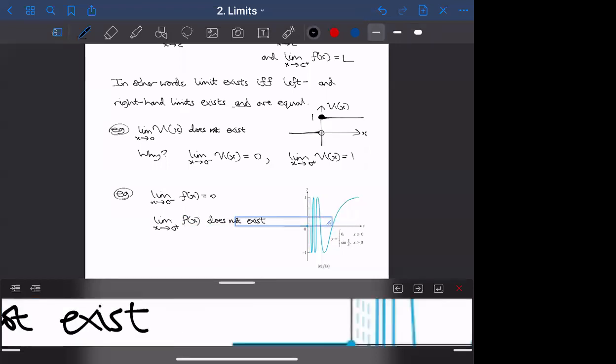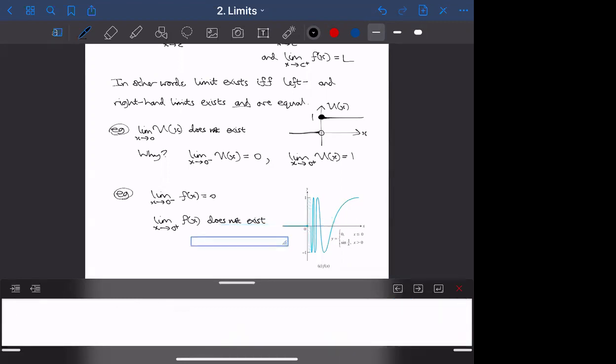Remember we proved last time that the limit doesn't exist because the function oscillates too much. So it's still true that because the function oscillates too much, there is no limit on the right, but on the left it doesn't oscillate at all. So there is a limit. From the left it equals 0, but the limit on the right does not exist.